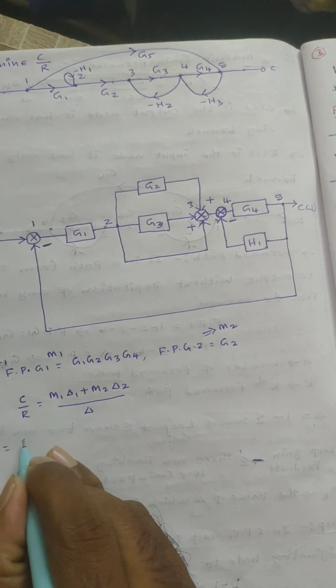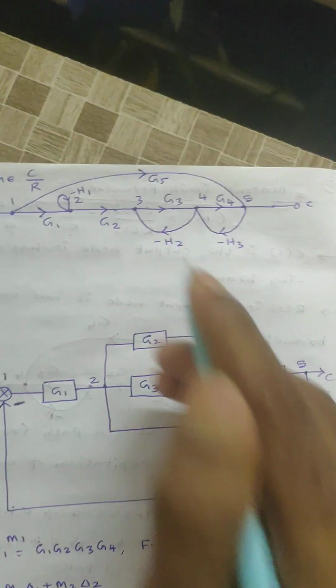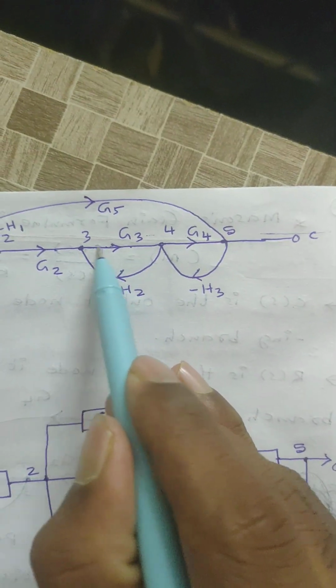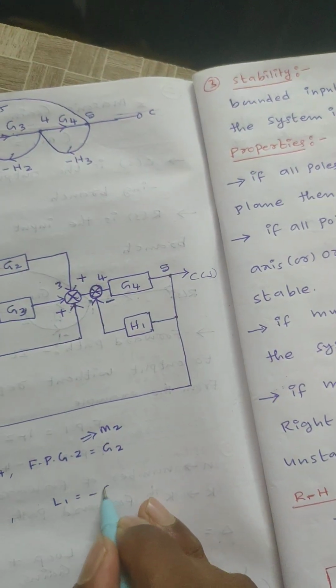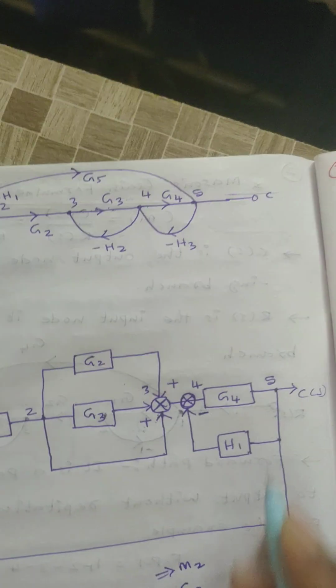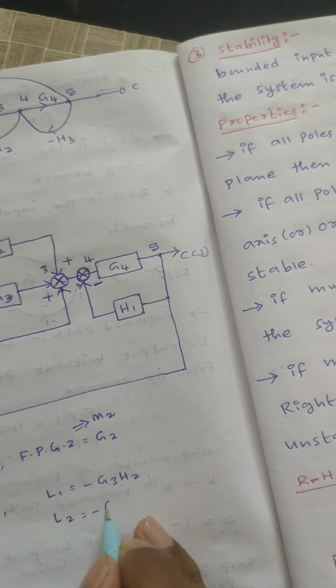Next, delta is equal to, what is the formula? First we need to find the loops. This is one loop, right? Loop 1 is equal to minus G3 into H2. Loop 2 is equal to minus G4 into H3, right?